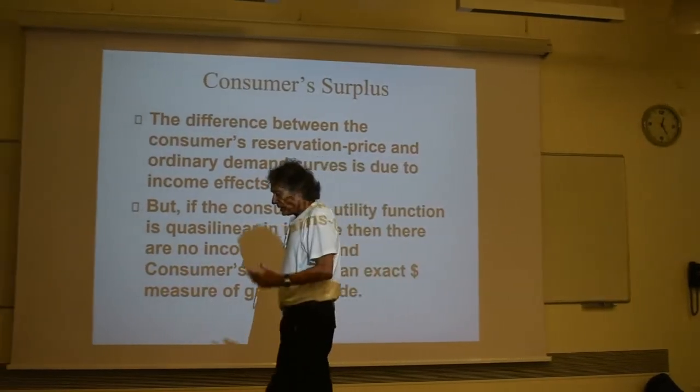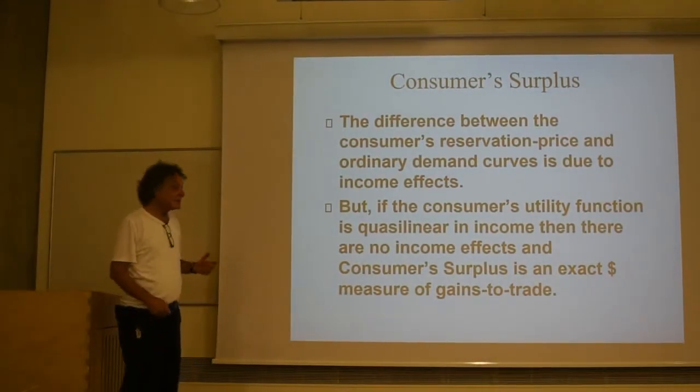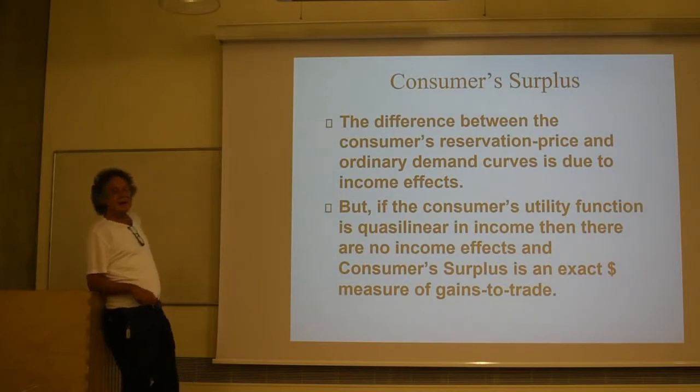Quasi-linear, you can think of it as one of the goods being money, and the price of money is 1. In that case, as I demonstrated to you before, my demand does not depend on my income. It depends only on the price. That is the demand for the goods other than money.